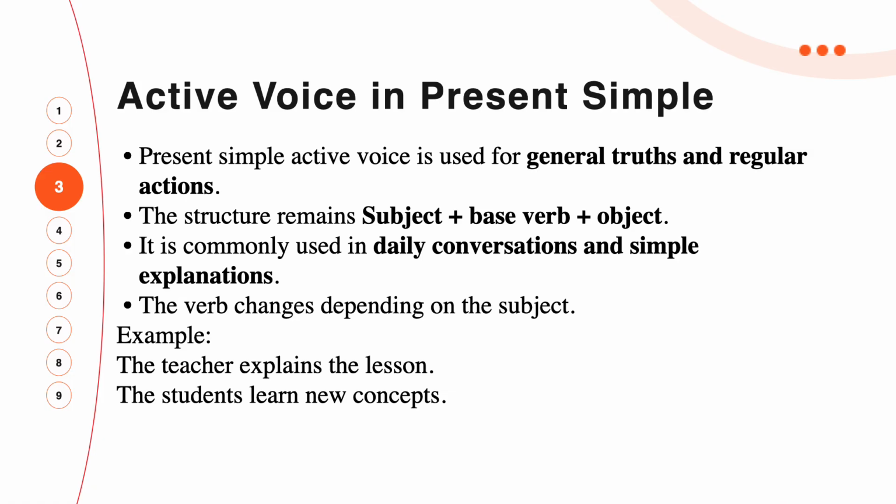Although the verb may change slightly depending on the subject, these sentences are commonly used in everyday conversation and simple explanation. For example, in the sentence, the teacher explains the lesson. The teacher performs the action of explaining. Another example is the student learns new concepts. In both cases, the subject clearly performs the action.